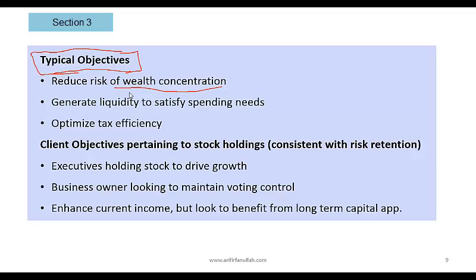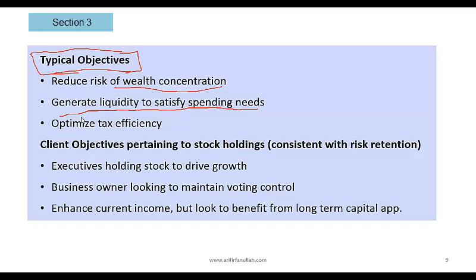It's an undiversified portfolio. The second objective from an IPS perspective is to generate liquidity to satisfy spending needs. So imagine a client who is now retiring, has a significant portfolio of one holding, which amounts to 70% of his portfolio. Now that he's retired, the question is, does he need such a lopsided portfolio?